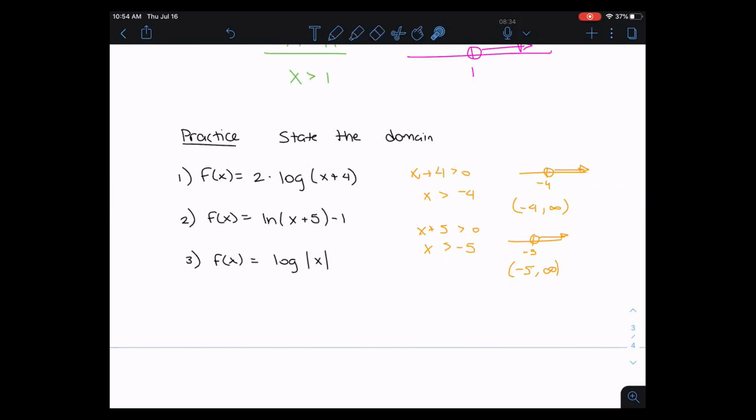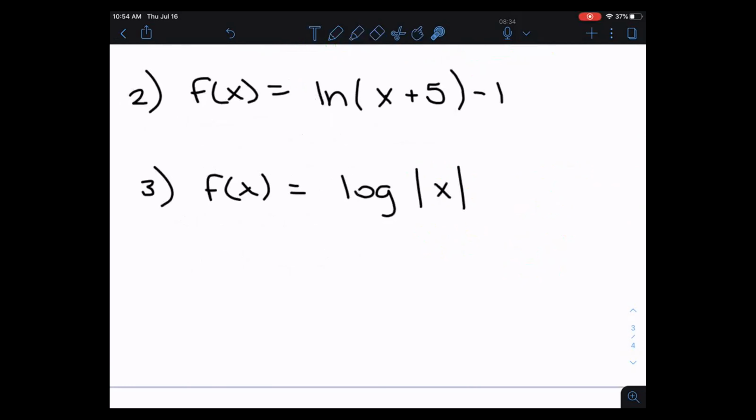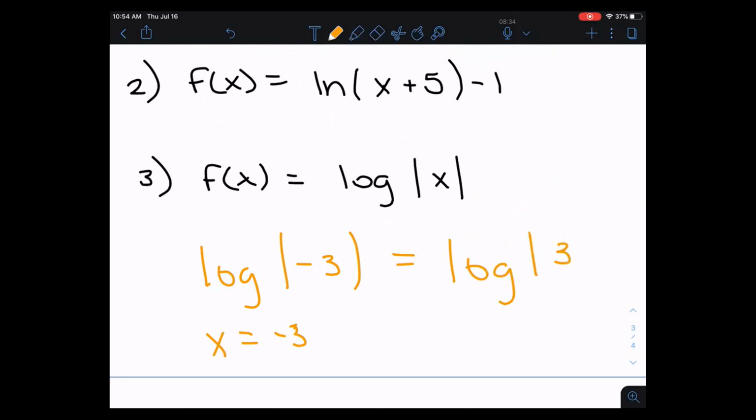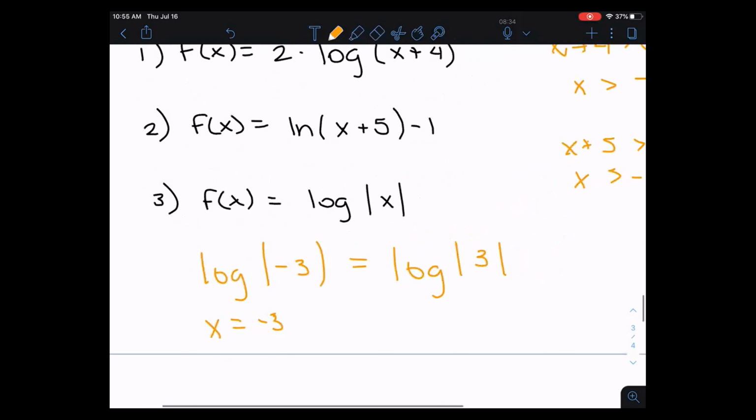You were able to identify that the absolute value takes care of the negatives. That means I can plug in any x value, even negative. For example, if I plug in log of the absolute value of -3, this just turns it into log of the absolute value of 3, and that makes it true.